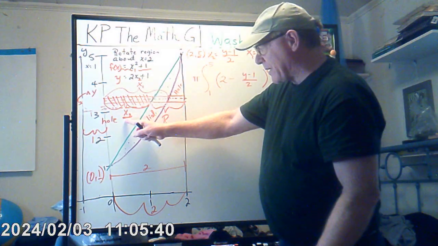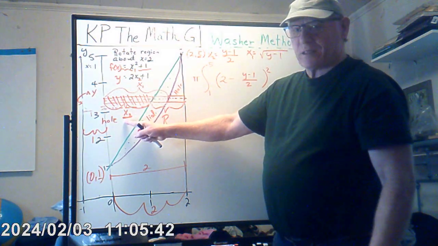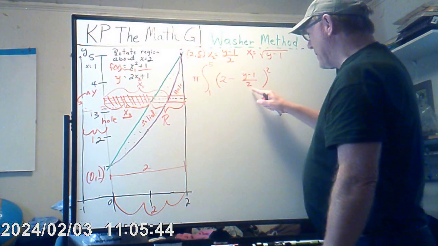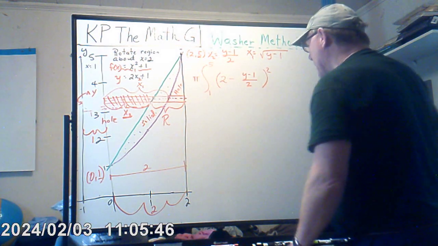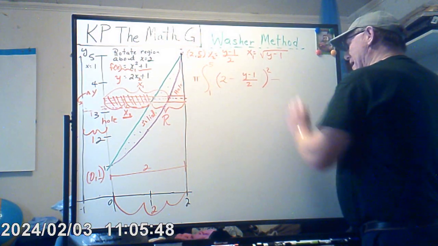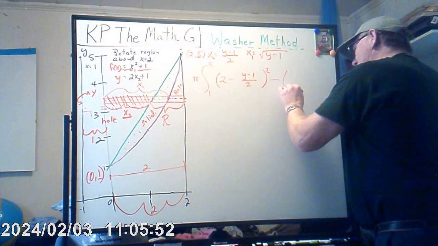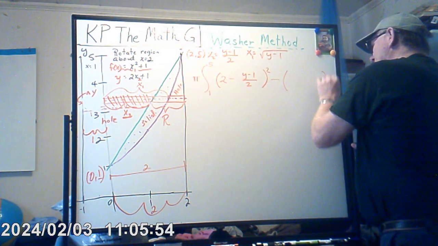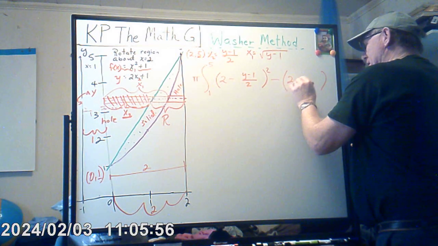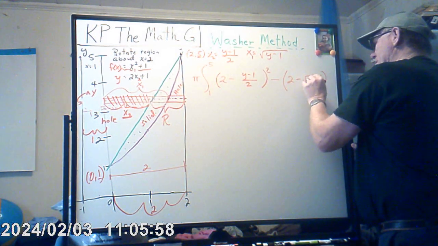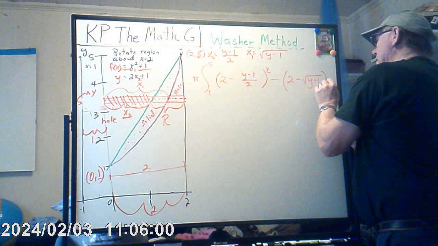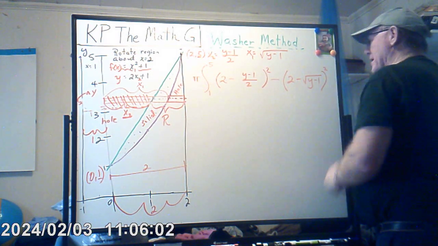Well, what did I subtract off? I subtract off x of 2. Well, x of 2 is y minus 1. Okay. Now remember, minus sign. Always remember that. Now I'm going to do something else here, and I guarantee you it's going to be 2 minus the square root of y minus 1 squared, like that.